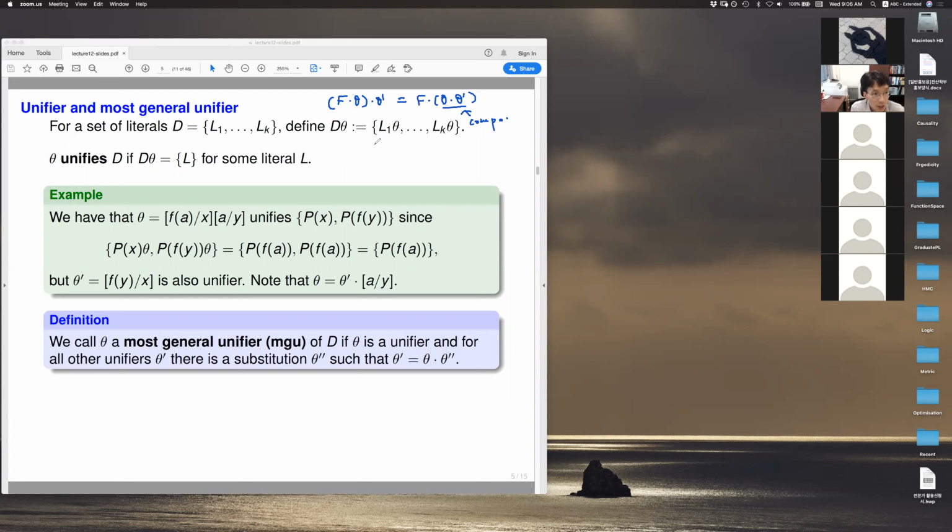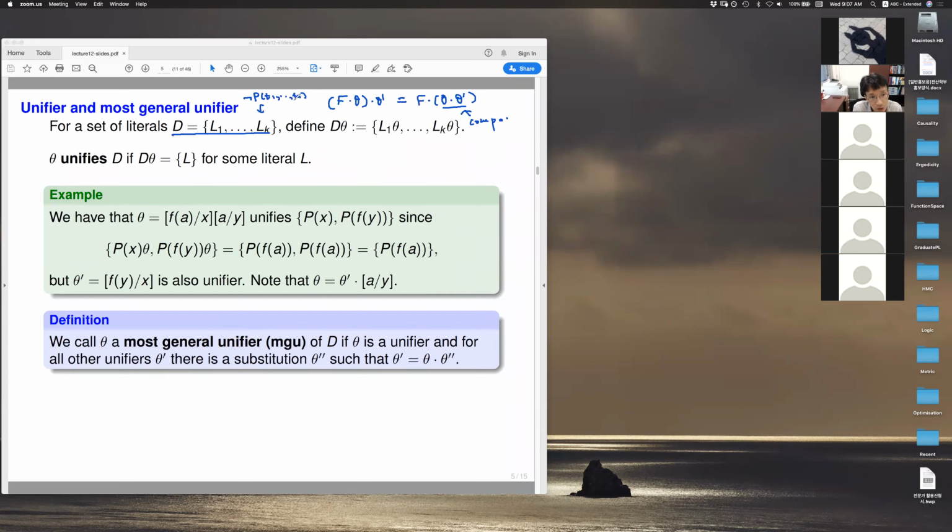Okay. So here's the definition, a reminder of what a unifier means, and also the notion of most general unifier. When we talk about a unifier or most general unifier, we are always talking about a set of literals. A literal is nothing but a basic predicate with some terms T1 up to Tn, or its negation.